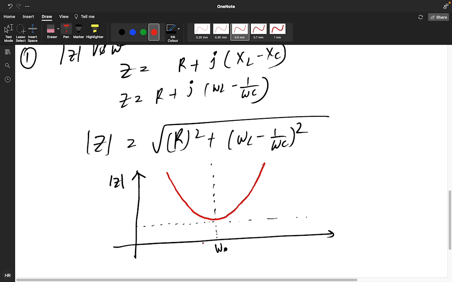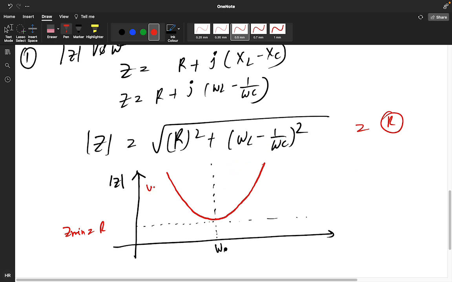Here Z minimum will be R only, when your omega L is equal to omega C, you will get the minimum value. When there is any difference, negative or positive, this value will be greater.